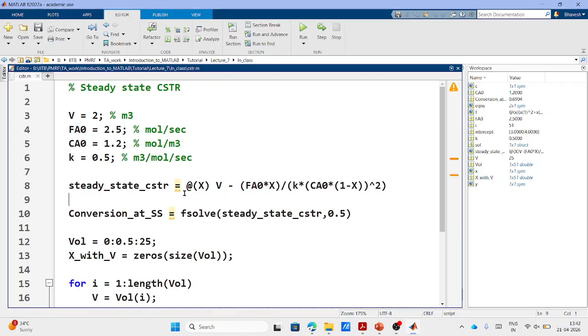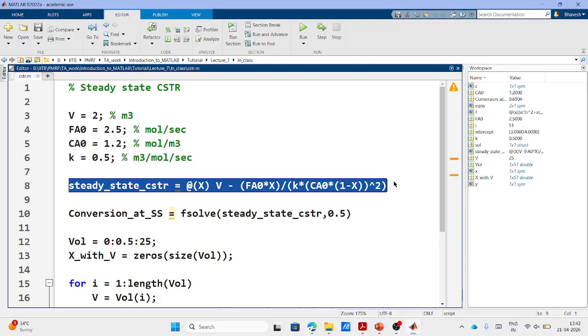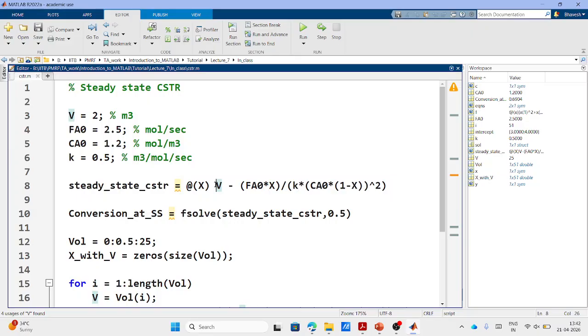And then we are asking it to solve for x such that fx becomes 0, right? So the issue was that when I am defining this steady state CSTR equation, although the equation is defined in terms of the variables Ca0, Fa0, their values are already predefined. So while defining this function, it takes these values.